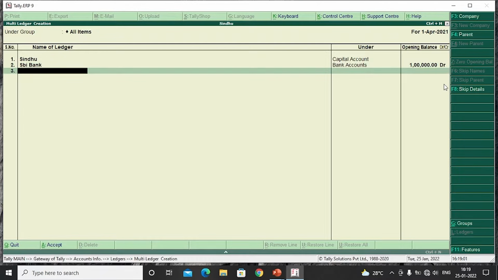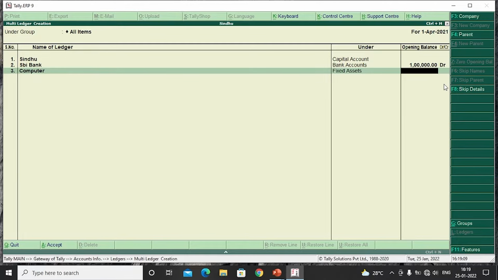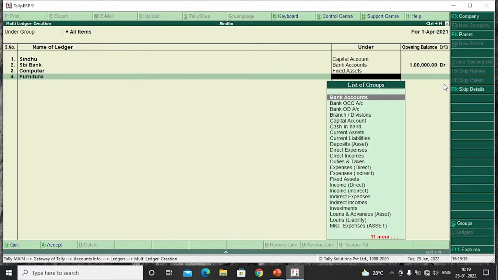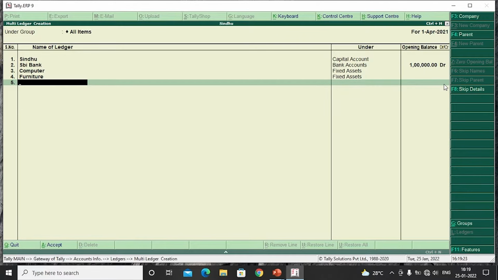Computer purchased through bank. So computer is a fixed asset. Computer, furniture, fixed asset. Rent paid. Rent paid is an indirect expense.